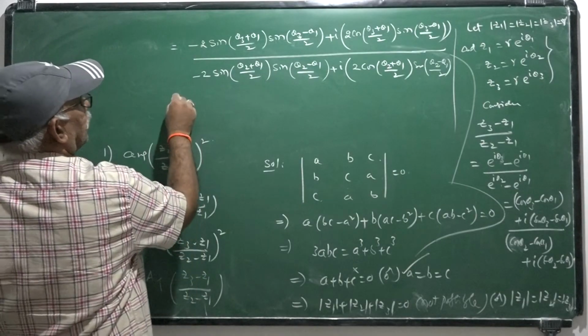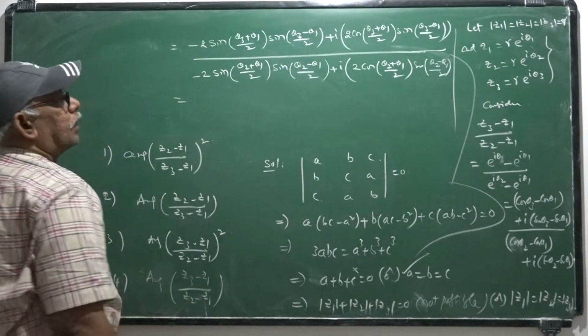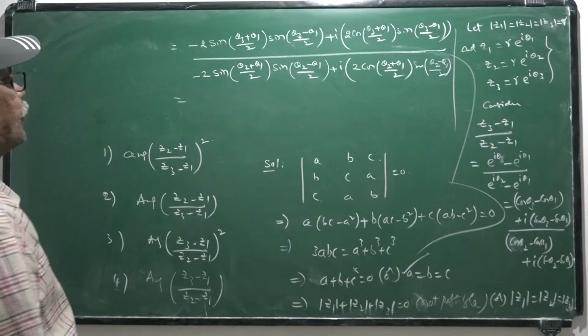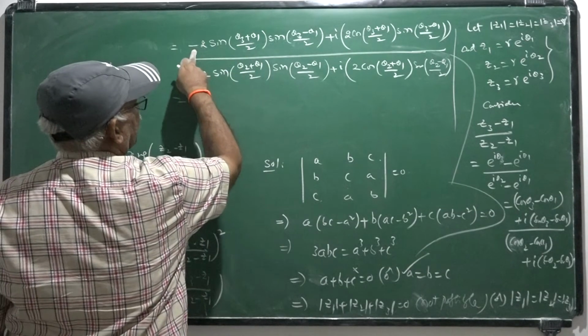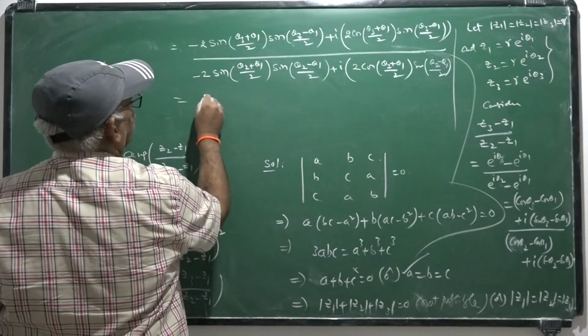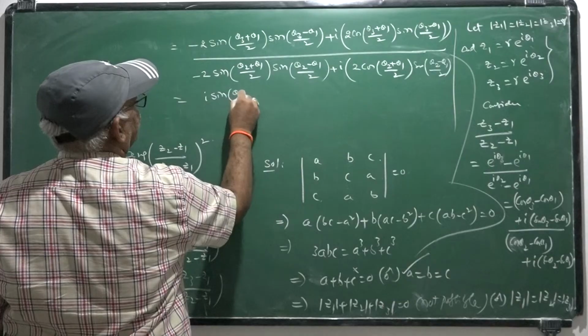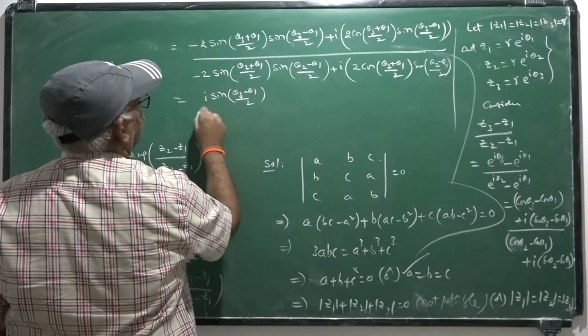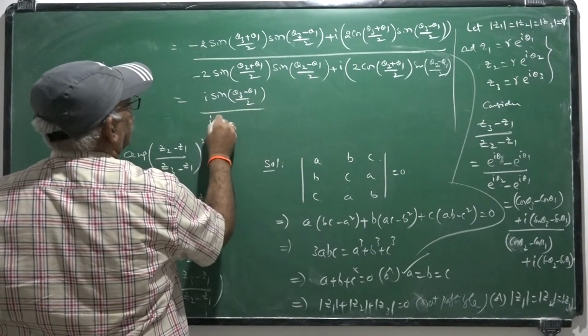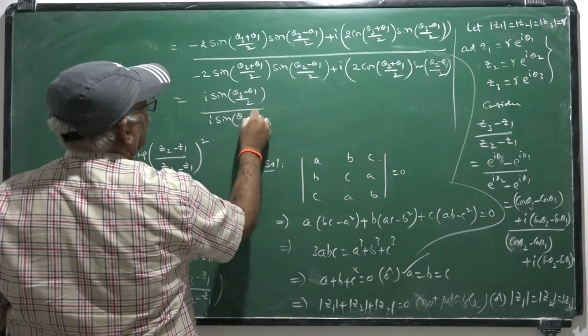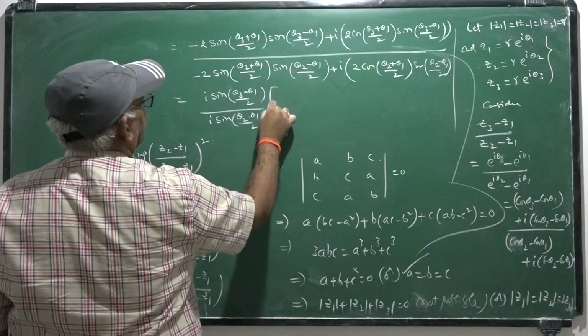Now taking this as i square, you can take i as common: i sin of (theta 3 minus theta 1) by 2 by i sin of (theta 2 minus theta 1) by 2.